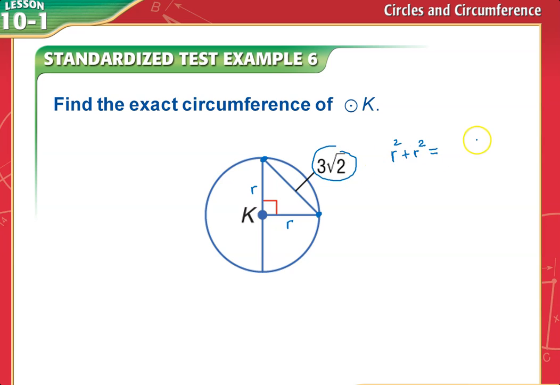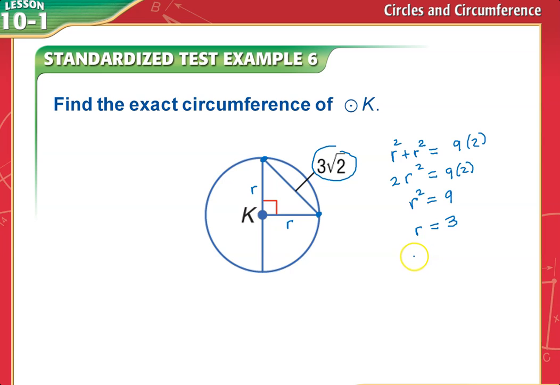When I square 3 radical 2, I get 9 times 2. So I have 2r squared equal to 9 times 2. Divide both sides by 2, and I get r squared equals 9. Therefore, r must be 3. The radius must be 3.